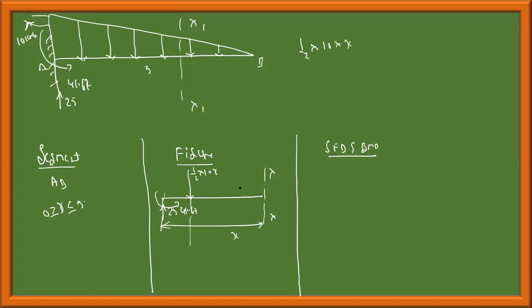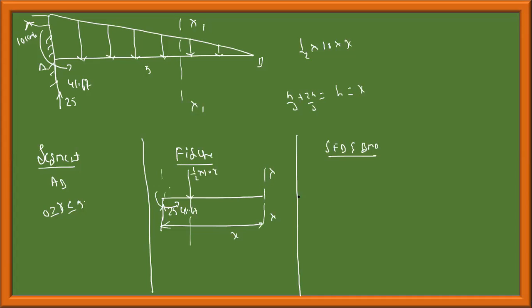If this is the UL, then this will be h by 3 and this will be 2h by 3, so that entire it will become h by 3 plus 2h by 3, which is nothing but h, equal to x.